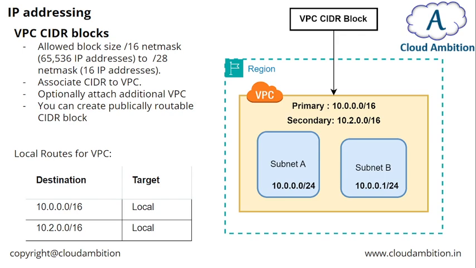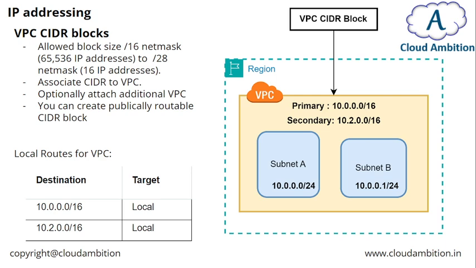So, IP addressing. VPC CIDR blocks allow a maximum /16 net mask, which means there are around 65,536 IPs available, and a minimum of /28, which allocates around 16 IPs.